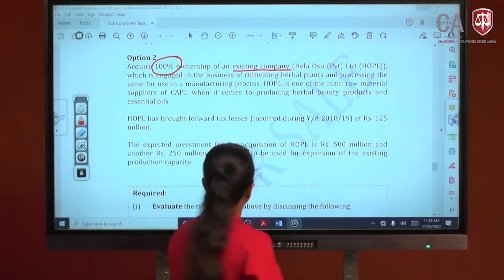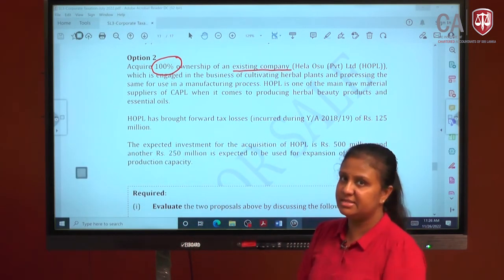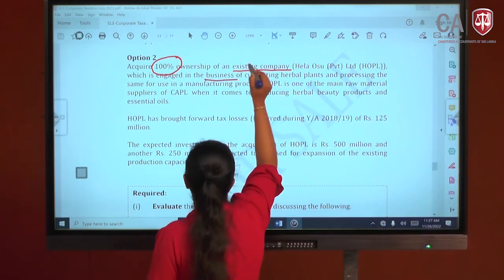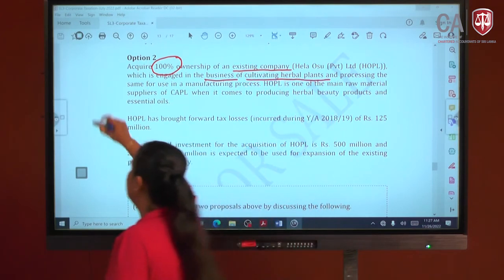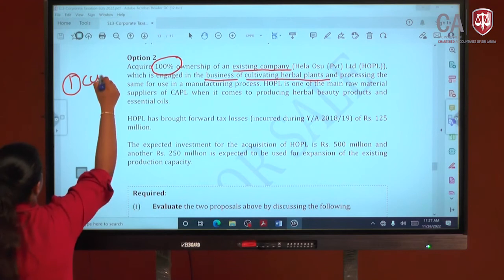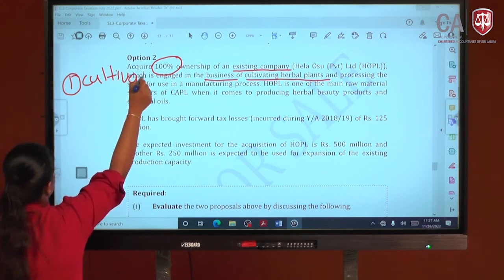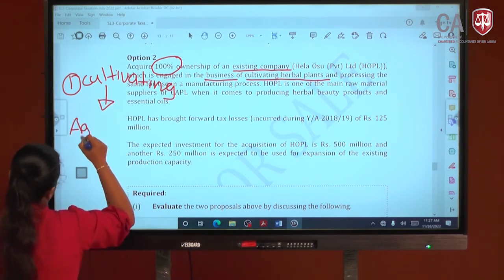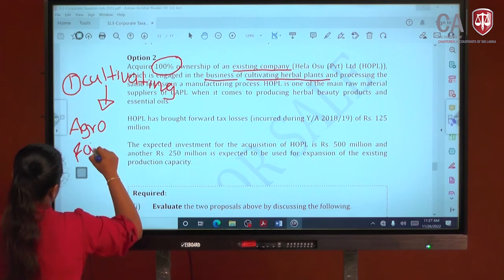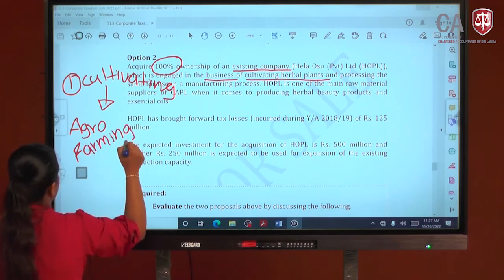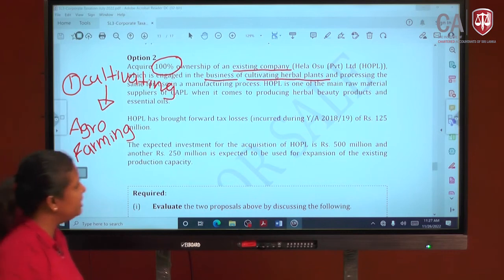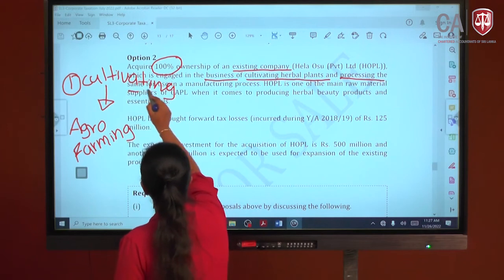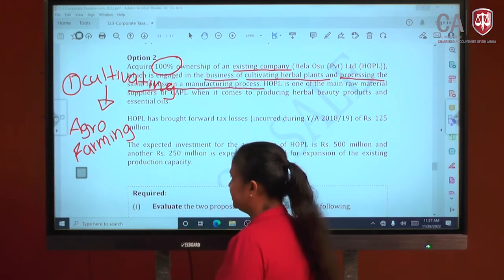Now what they are doing, read this very carefully. The business of cultivating herbal plants. First one, cultivating. Cultivating means what? Agro-farming. Keep in mind, they are doing agro-farming: cultivating herbal plants and processing the same in a manufacturing process.